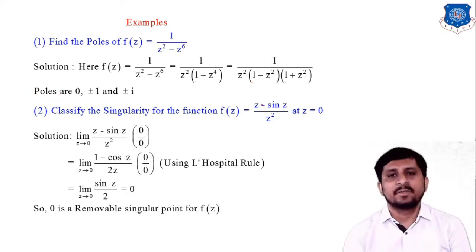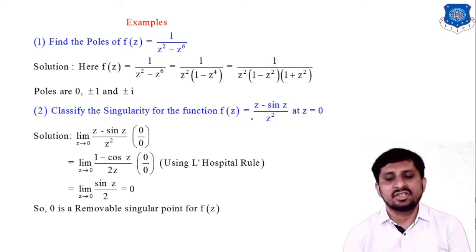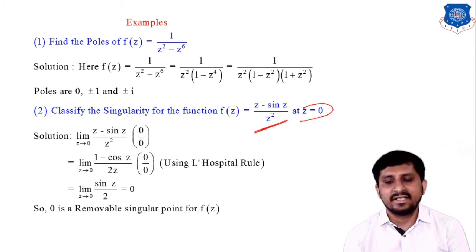The next example: classify the singularity for the function f of z equal to z minus sin z upon z square. Clearly you can easily understand the singular point is z equal to 0, because otherwise this function is analytic everywhere.